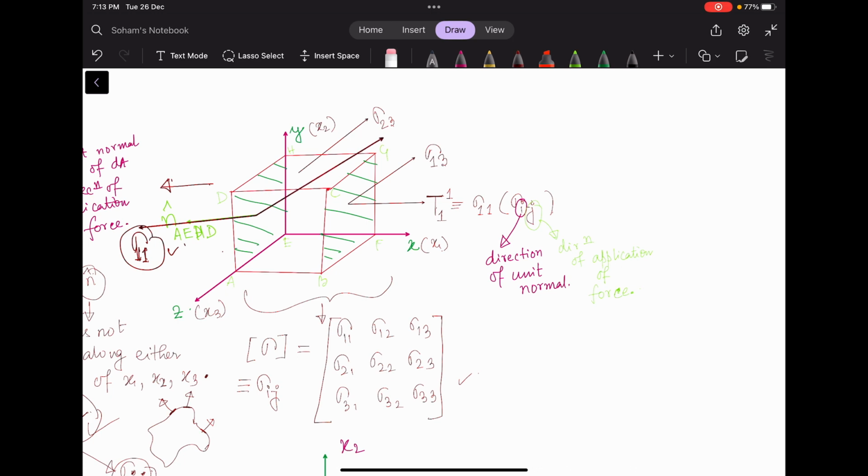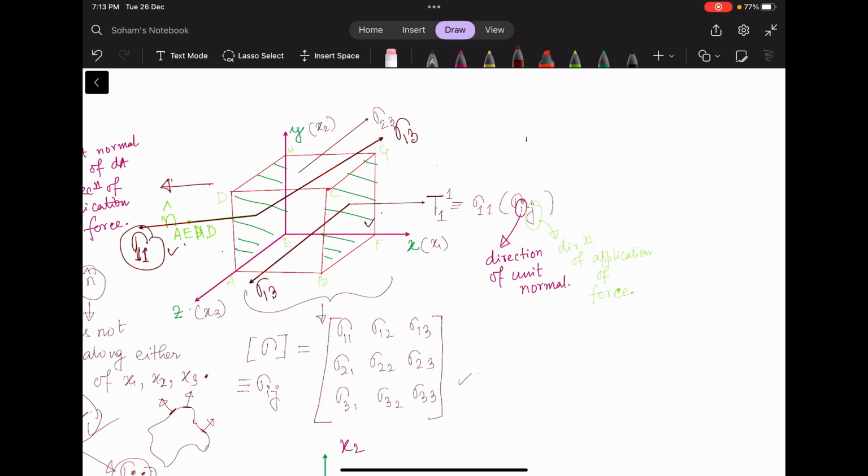So this will be my sigma 1 3. According to that rule, on this surface my positive sigma 1 3 will not be in that direction, it will be in this direction.